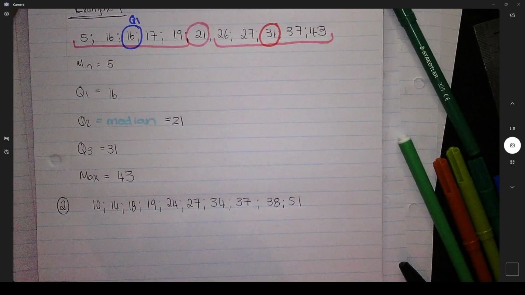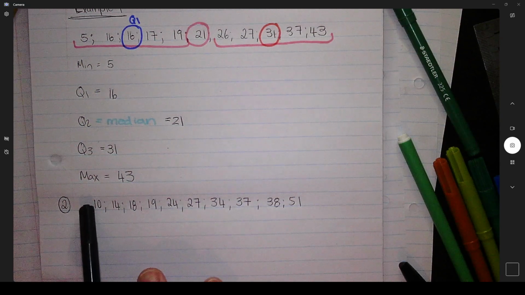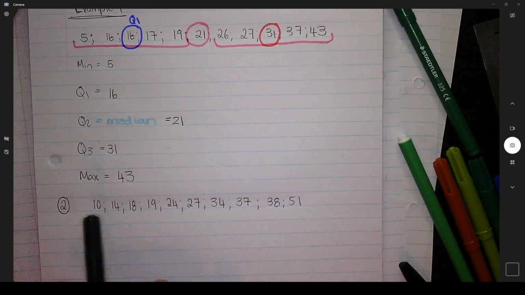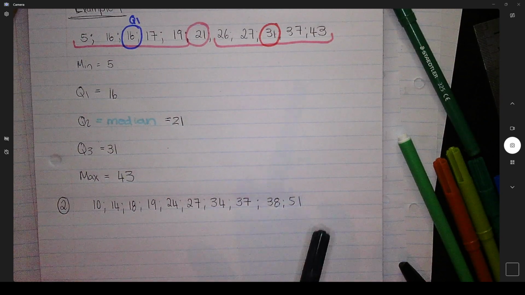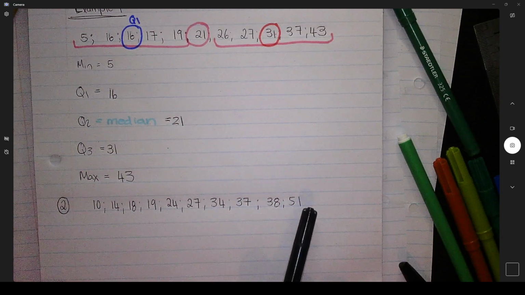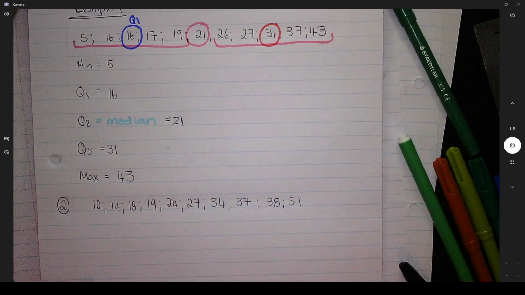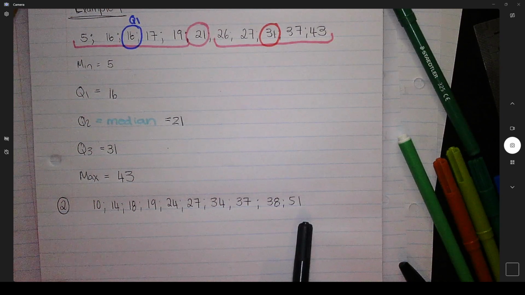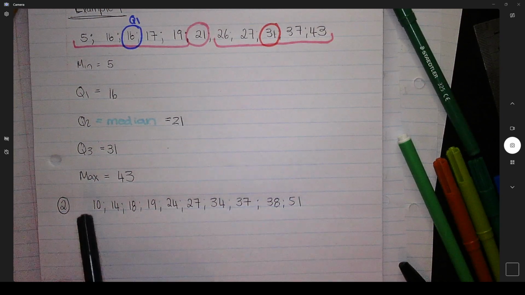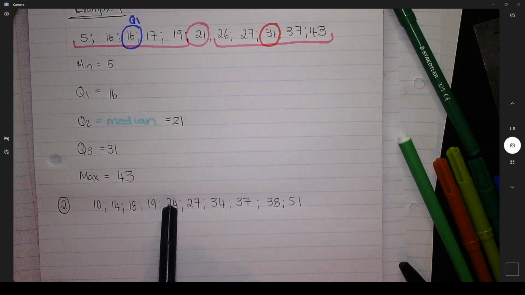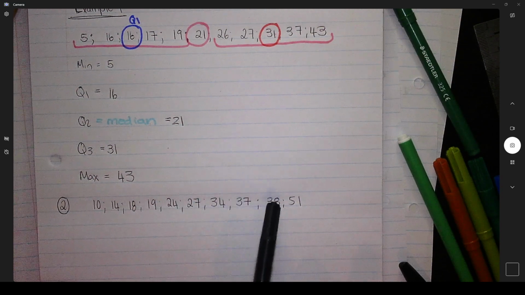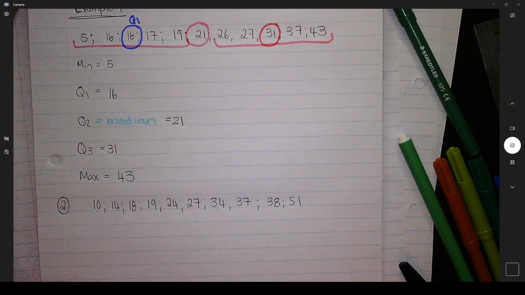For example 2, again, your data values need to be arranged in ascending order before you can do anything. If it is unorganized, then you cannot find the quartiles. You need to organize it first. So we have 1, 2, 3, 4, 5, 6, 7, 8, 9, 10 data values.